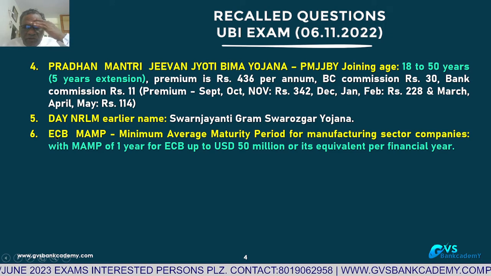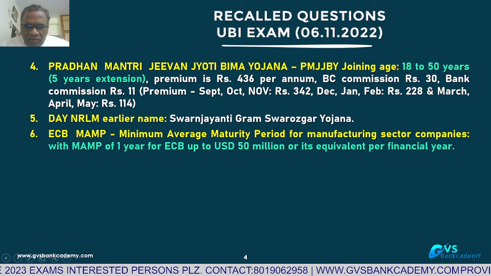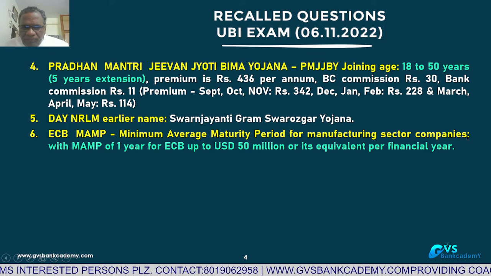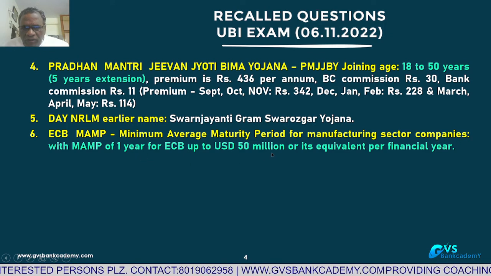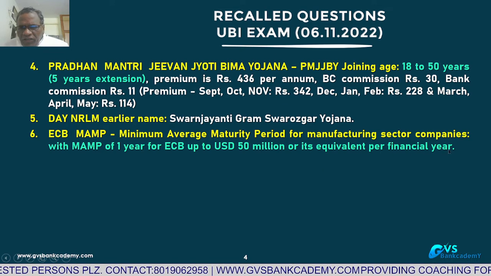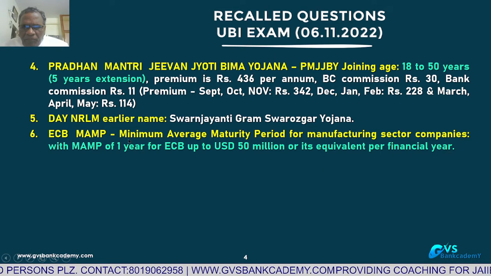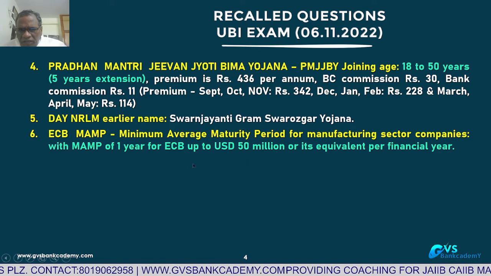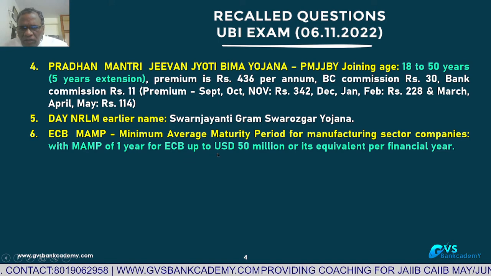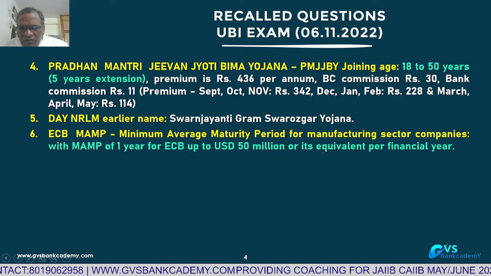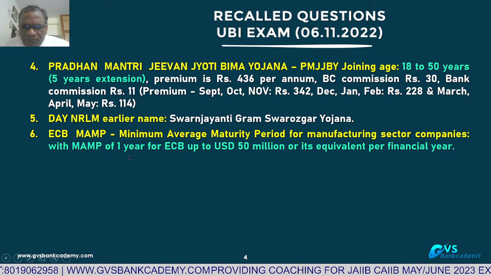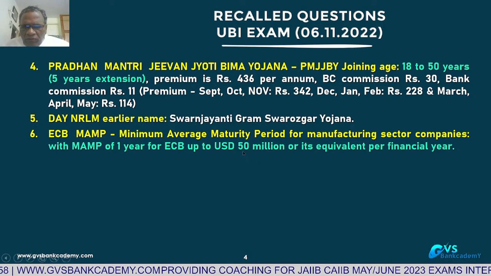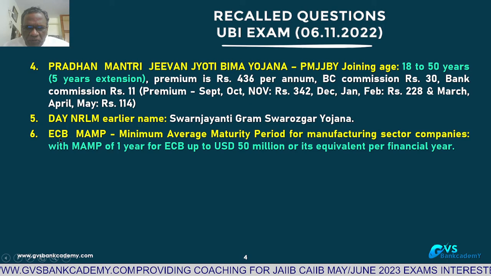One year for ECB loans up to 50 million or equivalent in a financial year. So the minimum average maturity for the manufacturing sector is 1 year, for loans up to 50 million or equivalent. This is a very important question.